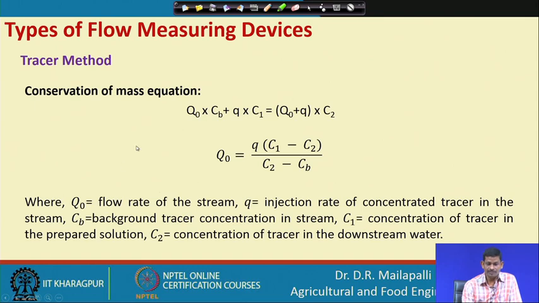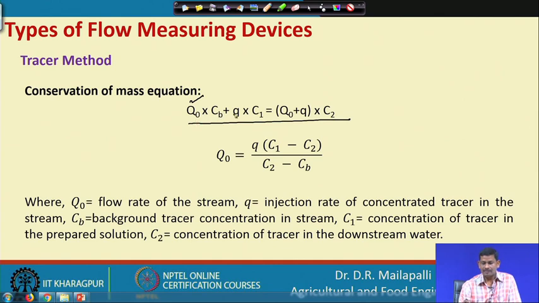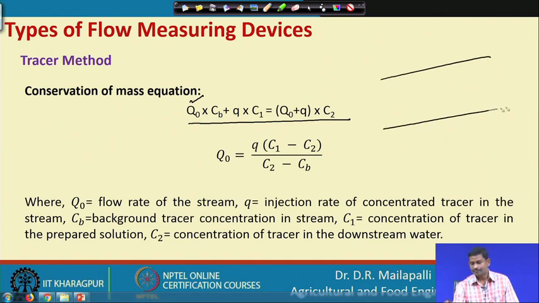Let us see how the flow rate is estimated using the tracer method, using the conservation equation. Let us assume that the stream is flowing with Q naught, which is what we want to estimate.